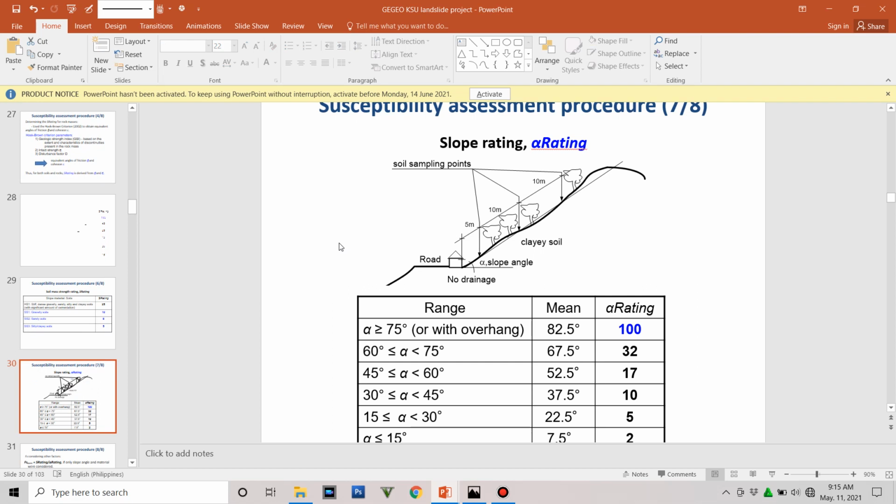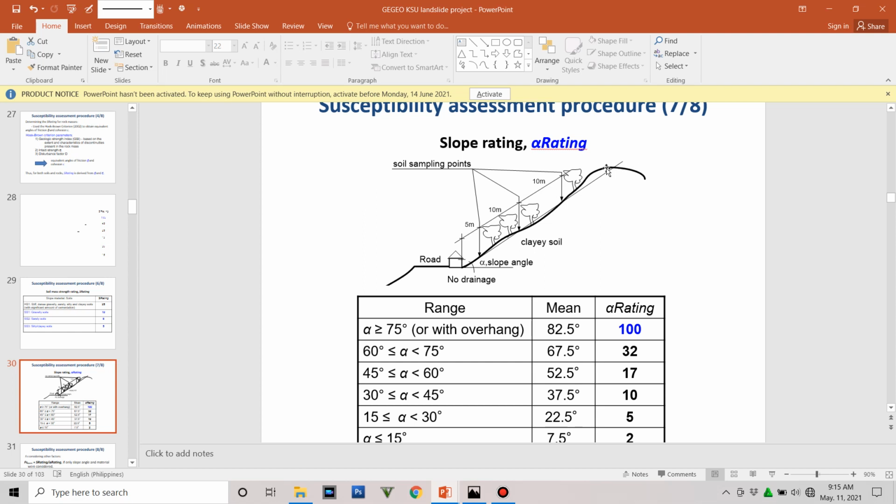And then for the alpha rating, we have the slope angle. By the way, on slope, baka tanungin nyo, paano kaya pag there will be a combination of hard rock and soft rock? So the evaluation here could have variation on the result of the factor of safety.